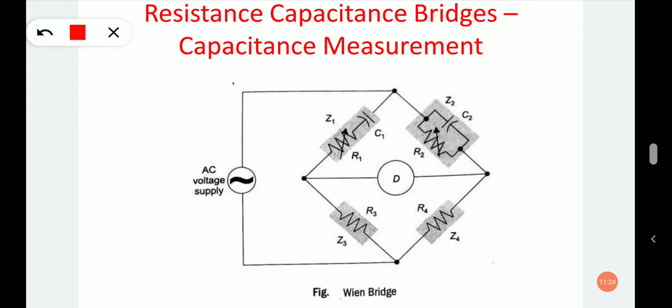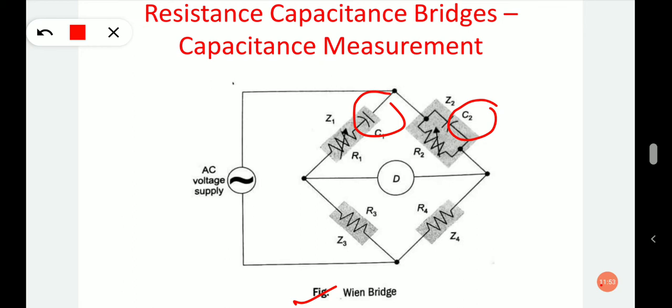The circuit of Wien bridge is shown in the figure. From the figure we can say that the series and parallel RC combinations are connected in adjoining arms of the bridge. Also the capacitances used in the bridge are of fixed values. So here capacitances C1 and C2 are used, which have fixed values.